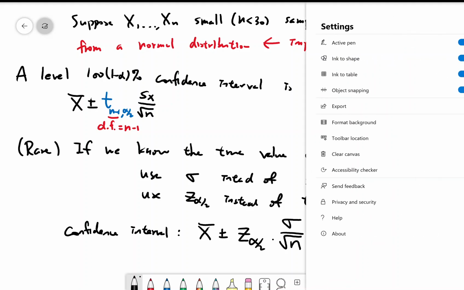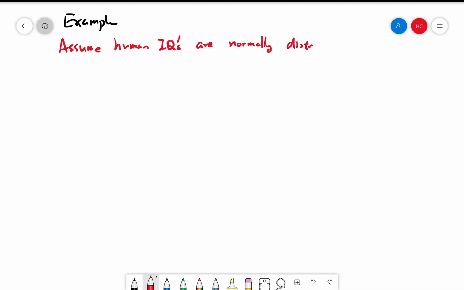All right, so let's do an example. Remember, we have to assume the sample comes from a normal distribution. So let's assume human IQs are normally distributed. Again, without this assumption, we cannot construct the confidence interval for small samples. Now we have this assumption, and let's sample a small number of people.